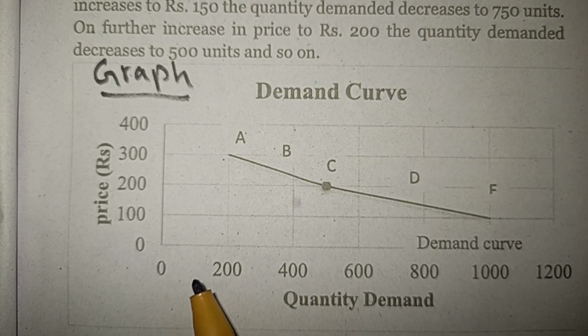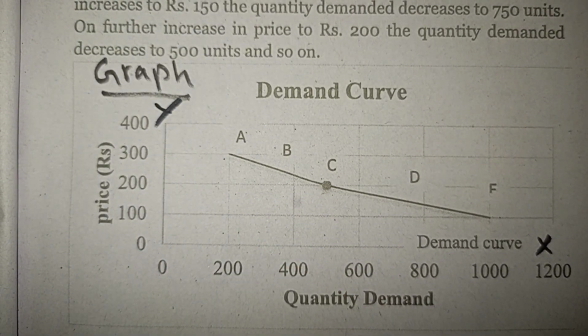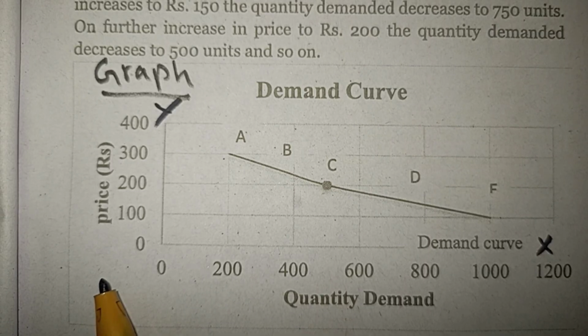Here we draw a horizontal line, which is called the x-axis, and a vertical line, which is called the y-axis. On the x-axis we take the quantity demanded, and on the y-axis we take the price.